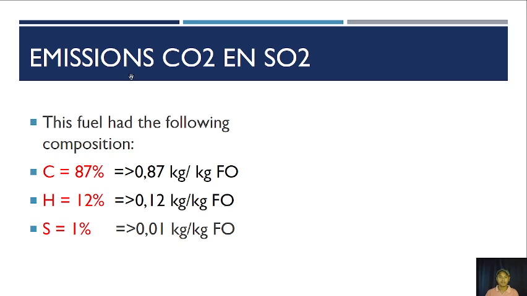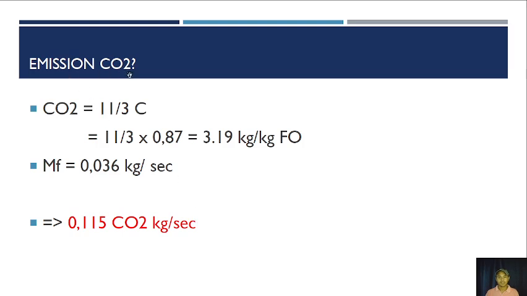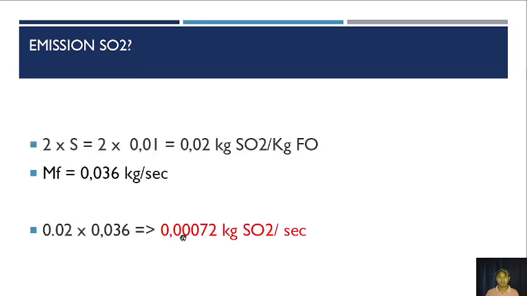So now, emissions of carbon dioxide and sulfur oxide. This fuel has the following composition: C 87, H 12, and S 1. Emission of CO2 is equal to 11 over 3 carbons times 0.87, which is 3.19 kilogram per kilogram of FO. The mass of fuel is 0.036 kilogram per second, so our CO2 emission will be 0.115 kilogram per second.